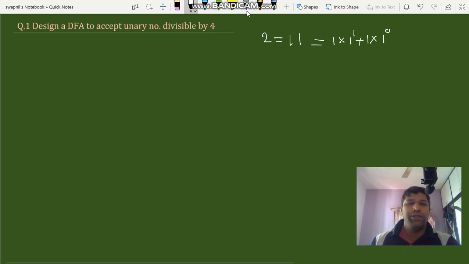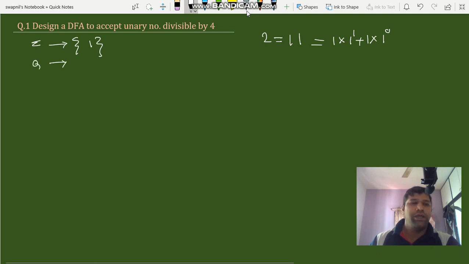Now we are interested in checking whether the unary number is divisible by 4. As per our usual method, a DFA has 5 tuples. The first tuple is sigma, the input alphabet. The input is only a single digit, that is 1, because in a unary number your input will be 1.